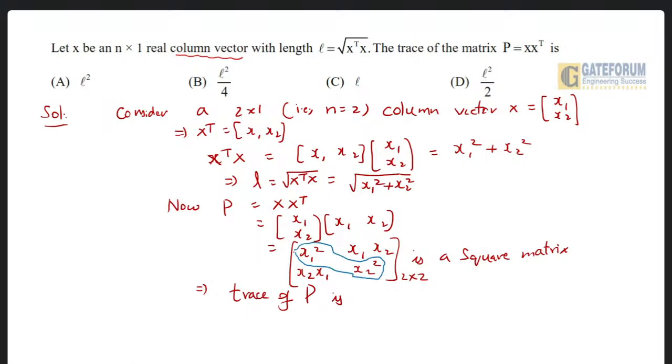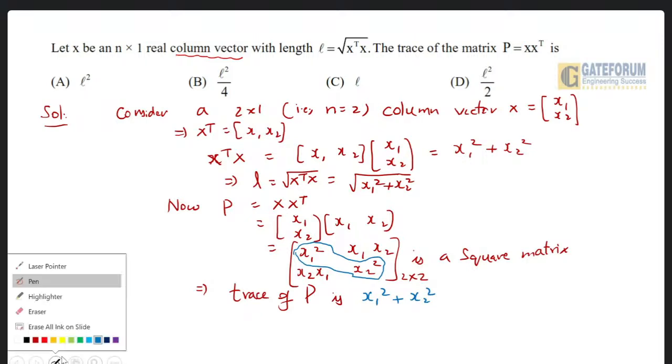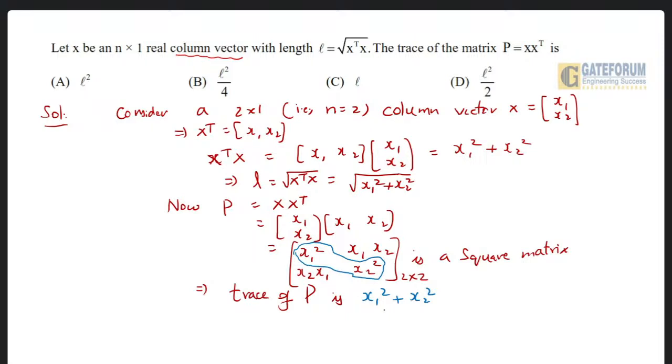Add these two elements, x1 square plus x2 square. Trace of a square matrix A is defined as the sum of the principal diagonal elements. Which is nothing but L square. L we already got as the square root of x1 square plus x2 square, this is the length of x.